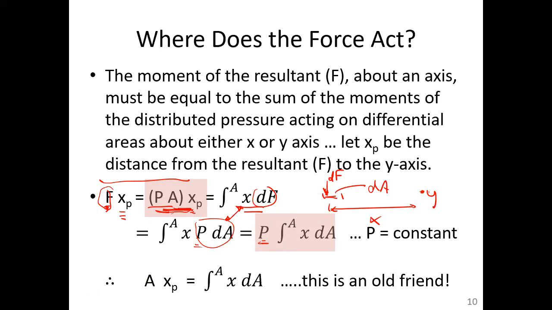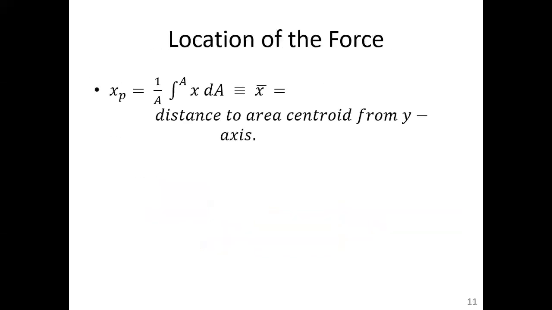This is an old friend. So you may not believe this, but the professors talk to each other. And so I know in statics, you go over properties of areas and you actually develop these. If we just bring the area to the right-hand side of that equation and don't look at this side, this is known as the distance to the center of area, x bar.